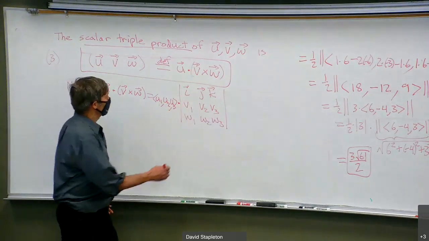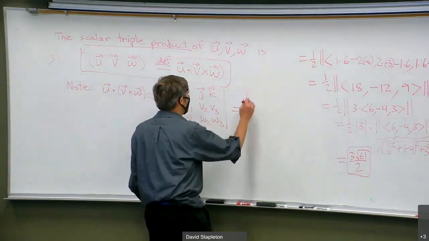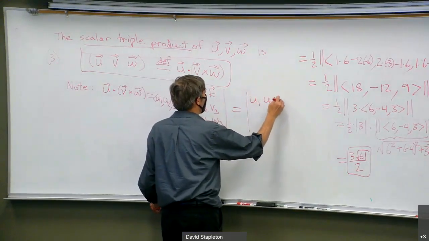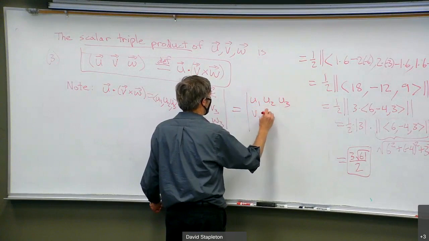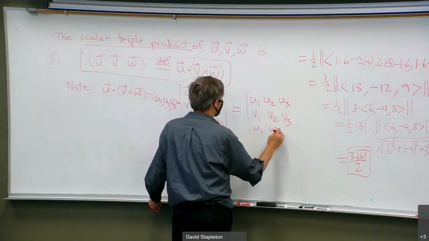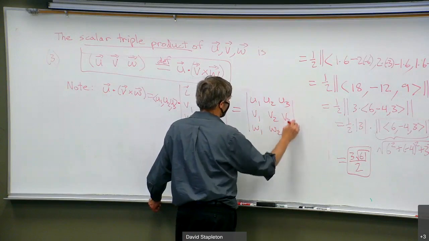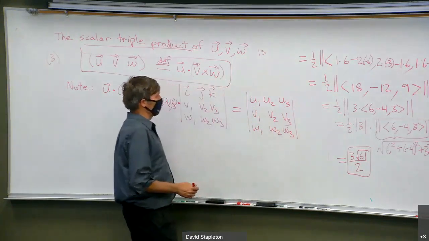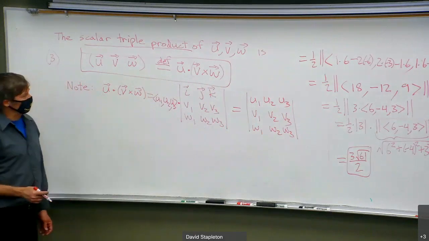So this is, in fact, this determinant. The triple scalar product, which has nice uses in physical sciences, is nothing more than the determinant of the matrix with U, V, W all in rows.